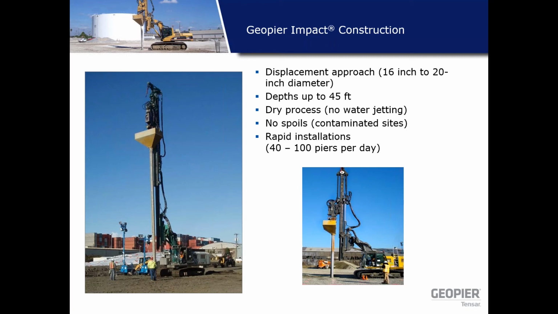The aggregate is fed from the top, which passes through the hollow mandrel to the bottom of the hole, and the mandrel is withdrawn and pushed down in a specific stroke pattern, about 4 feet up and 2 feet down, to compact the aggregates, and that's how the Geopier element is built.